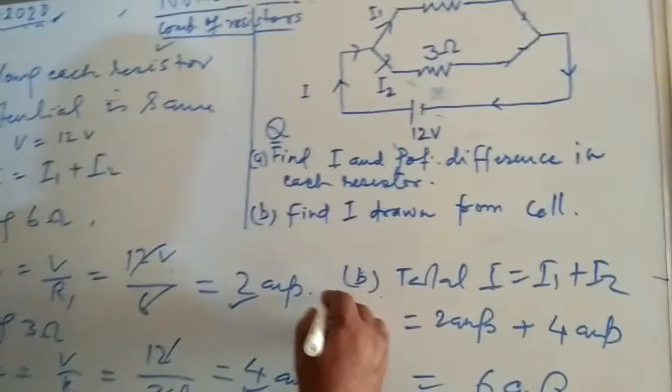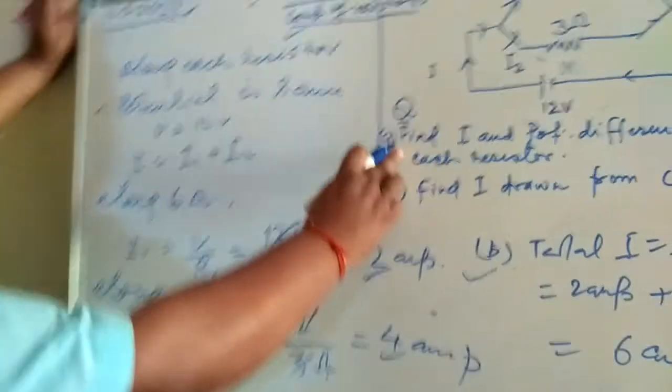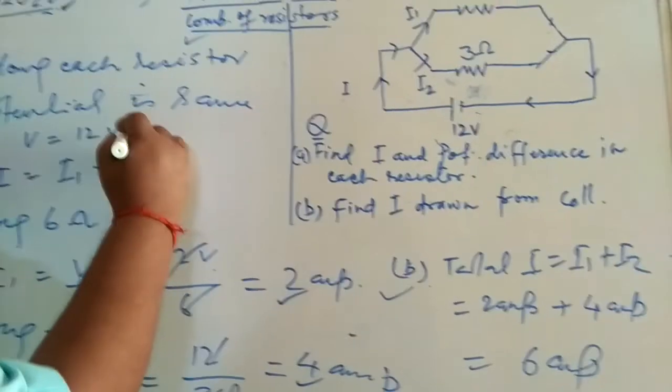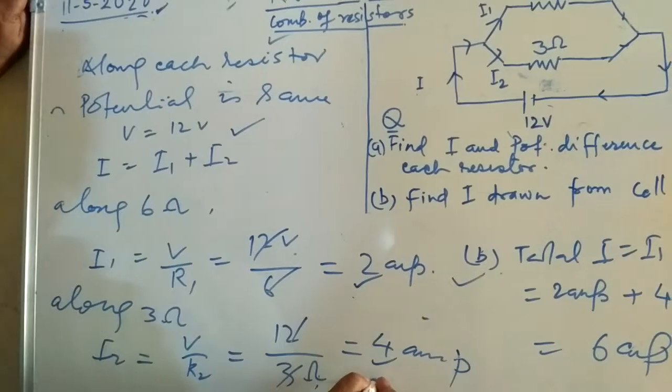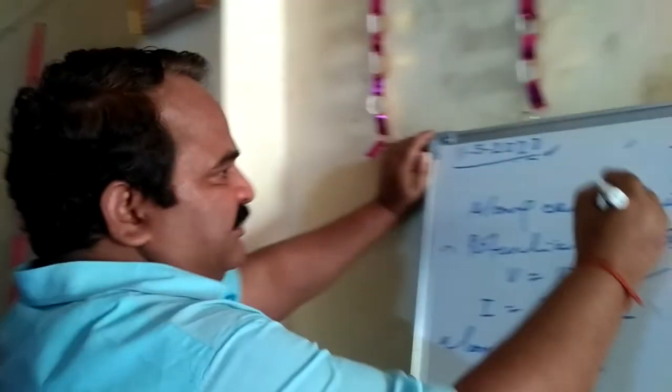So here the potential is the same, and I is I1 plus I2. Finally the answer is finished here. All of you must go through the books and do more and more problems, so you become familiar with the concept. Thank you.